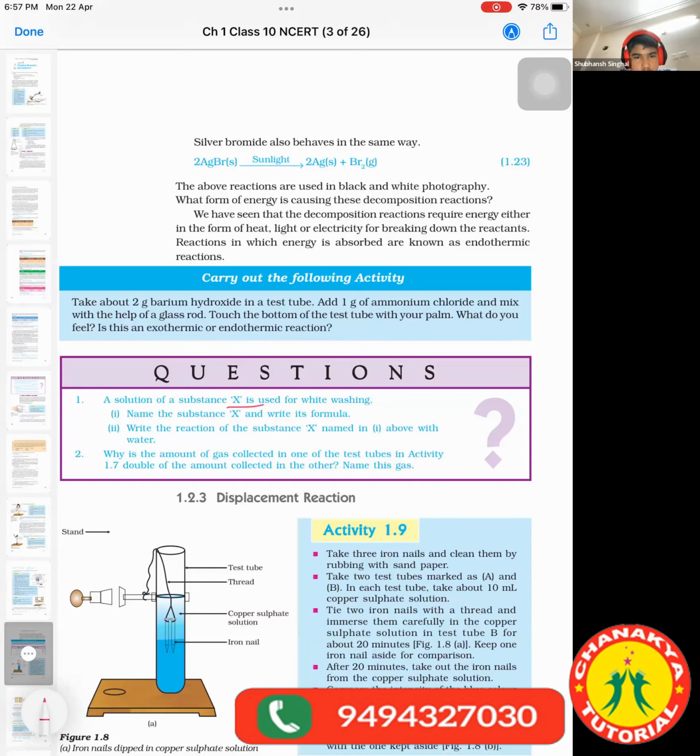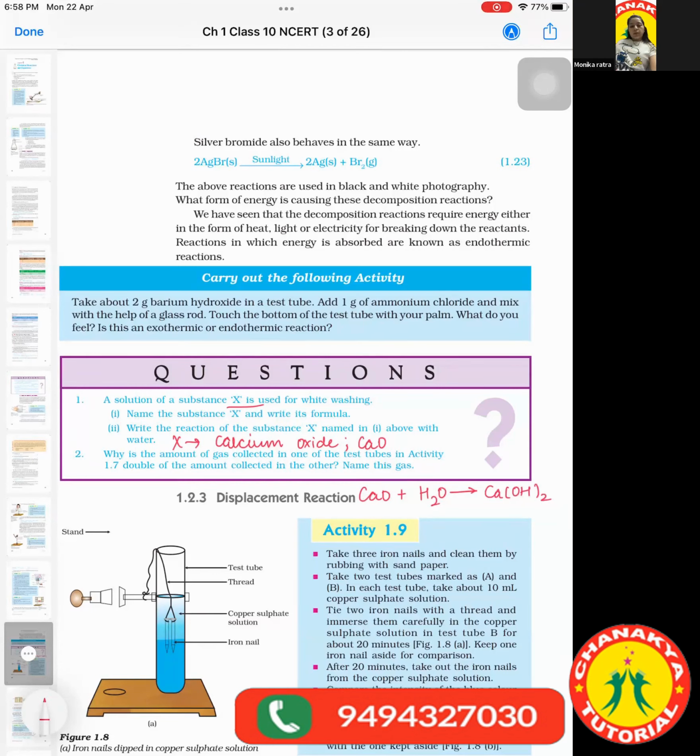Calcium oxide. Yes. X is calcium oxide. And what is its formula? CaO. Then what will be its reaction with the water? CaO plus water. What will be formed, children? Ca(OH)2. Very good.